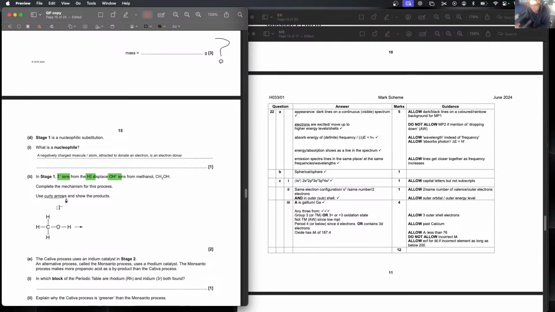Okay, use curly arrows and show the product. That's all you have to do, right? Okay. Displace the OH, okay? Okay, so this will donate two electrons.